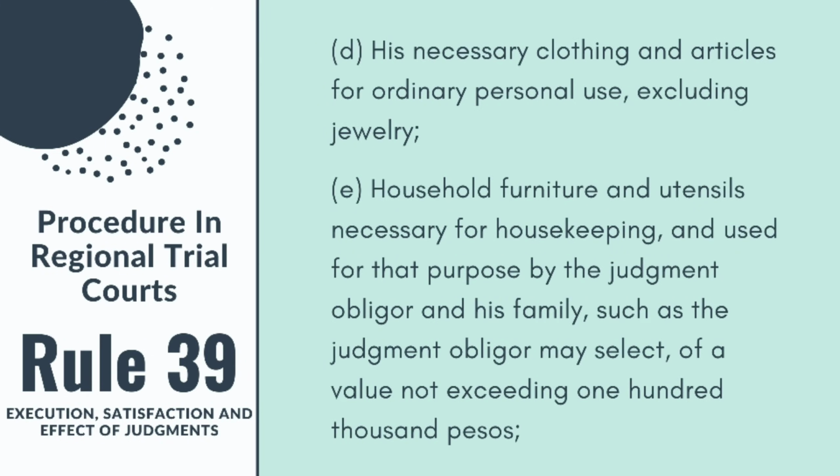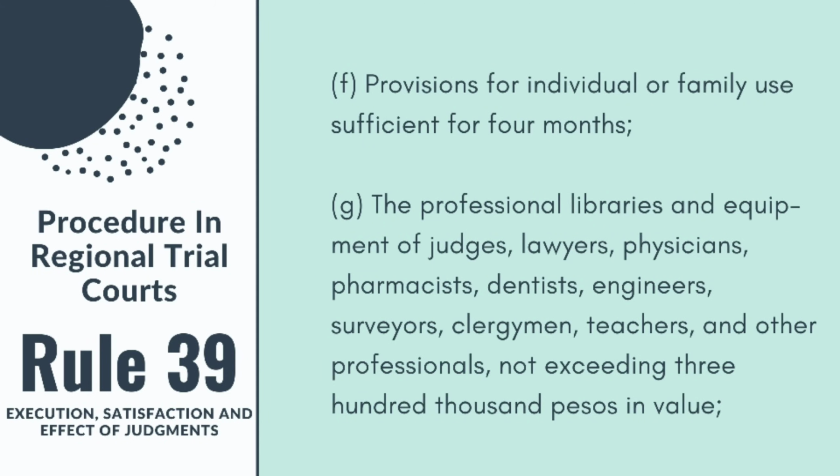D. His necessary clothing and articles for ordinary personal use, excluding jewelry. E. Household furniture and utensils necessary for housekeeping, and used for that purpose by the judgment obligor and his family, such as the judgment obligor may select, of a value not exceeding 100,000 pesos. F. Provisions for individual or family use sufficient for 4 months.